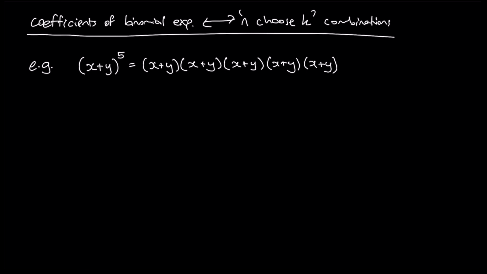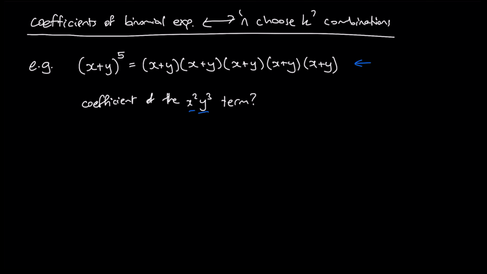Now, if we want to know what is the coefficient of the x squared y cubed term, really we want to ask how many ways from these 5 factors of (x plus y) can I pick 3 y's and 2 x's?